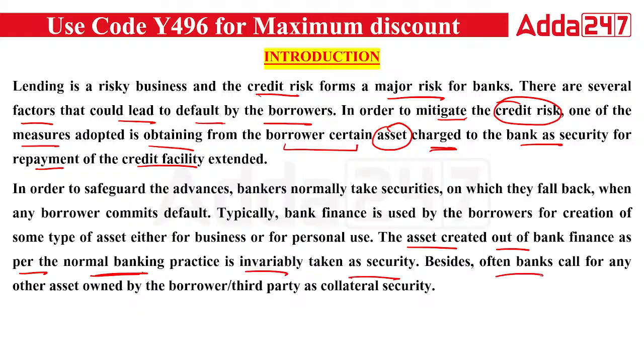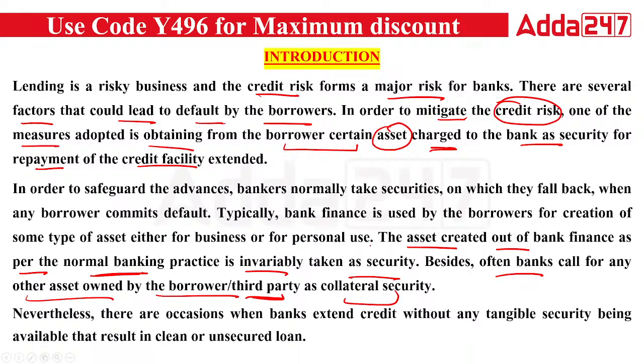Besides, often banks call for any other assets owned by the borrower or a third party as collateral security. So simply we can say that banks secure their loan by taking the collateral, the security, from the customer or owned by the customer. And there are also some occasions when banks extend credit facility without any tangible security.